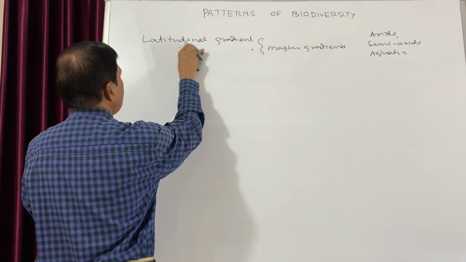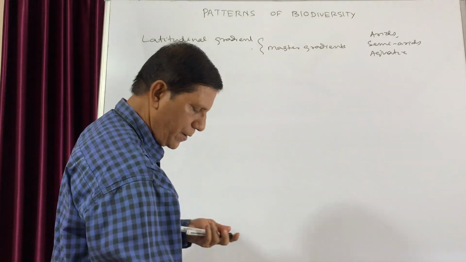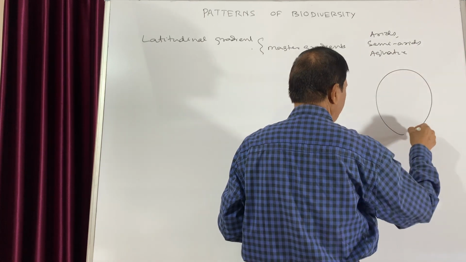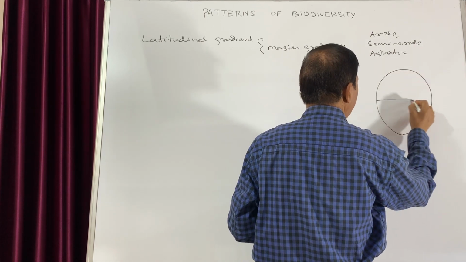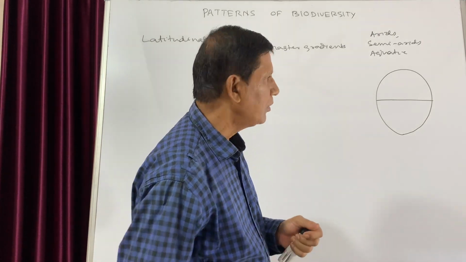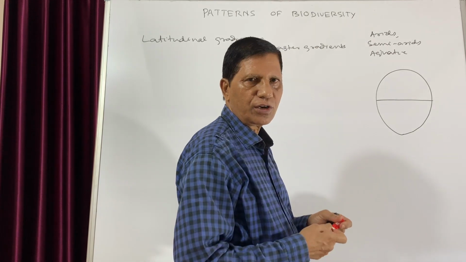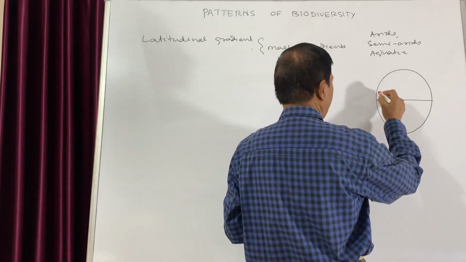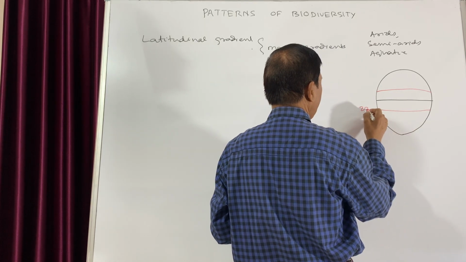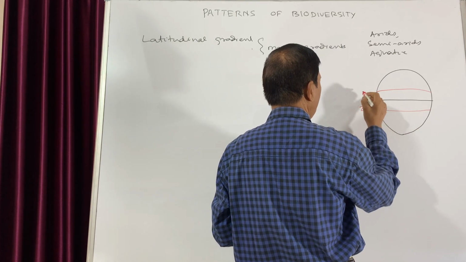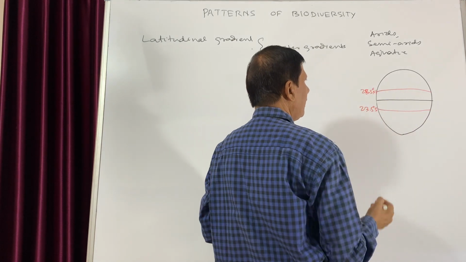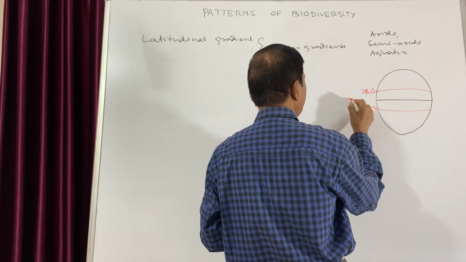So you know what is latitude. Now if this is the earth, then this is the equator, and from the equator when we move to both sides, either toward the north or south, up to 23.5 degree south and 23.5 degree north, this area is known as tropic.